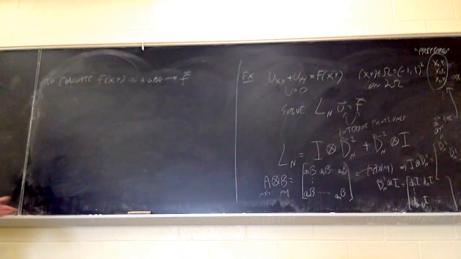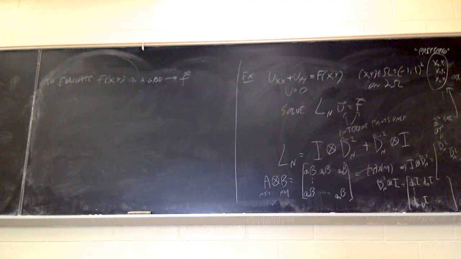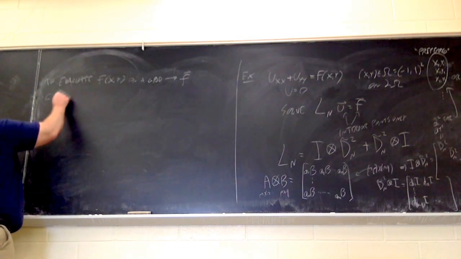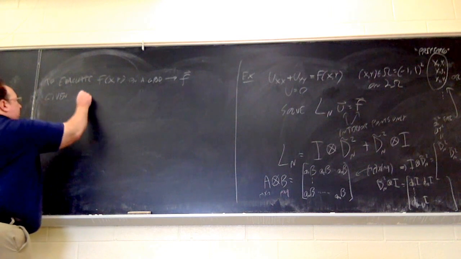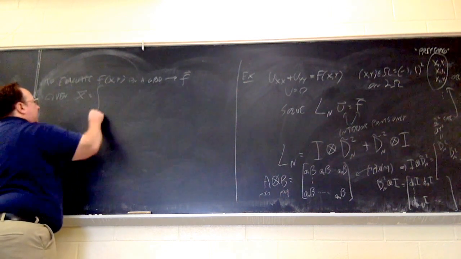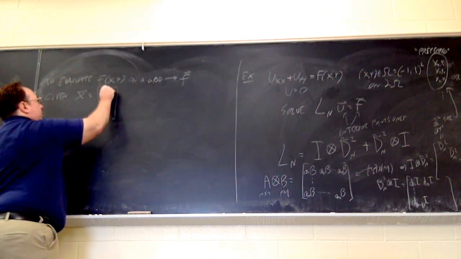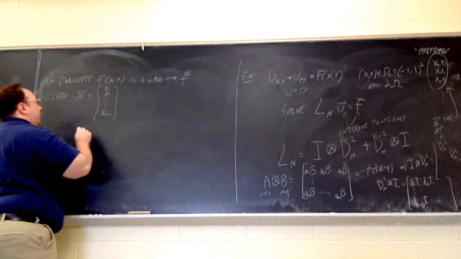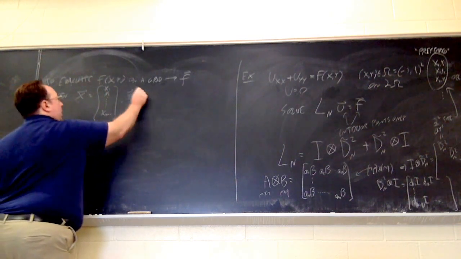So basically, for instance, suppose I'm given a function f from the previous example, and I want to form my right-hand side. So if I make my vectors for x and y, so given vector x, which consists of my interior grid points, and similar for y.